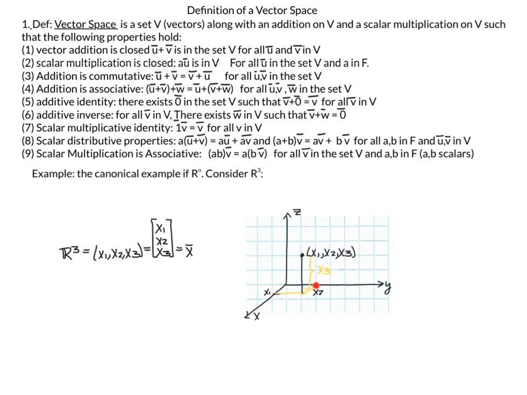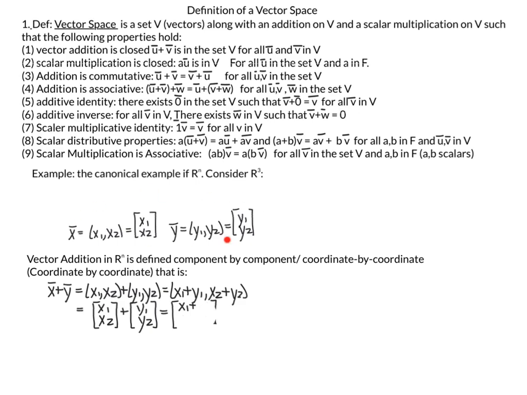So from x2 drawing parallel to the x-axis, and then from x1 drawing parallel to the y-axis, we have our parallelogram. So this is our point x1, x2 in the xy plane. But now we need to go up x3 units. So from here, we go up x3 units, and I have this notated with this bracket to say we've gone up x3 units. And this is our point x1, x2, x3.